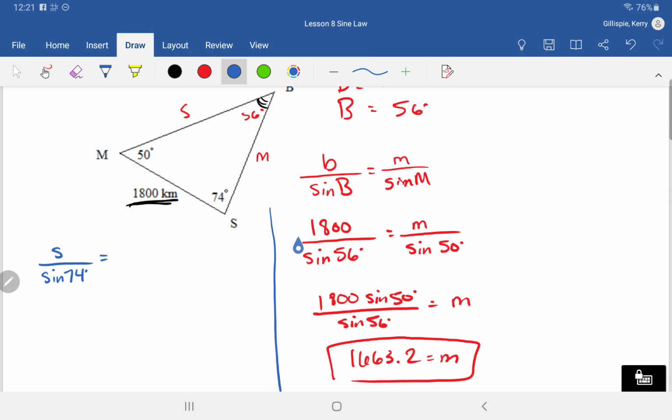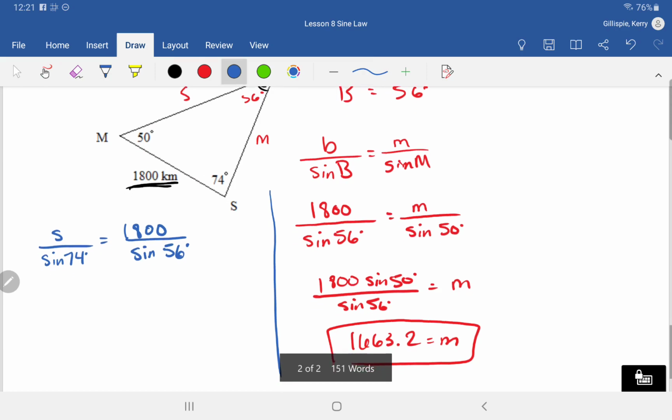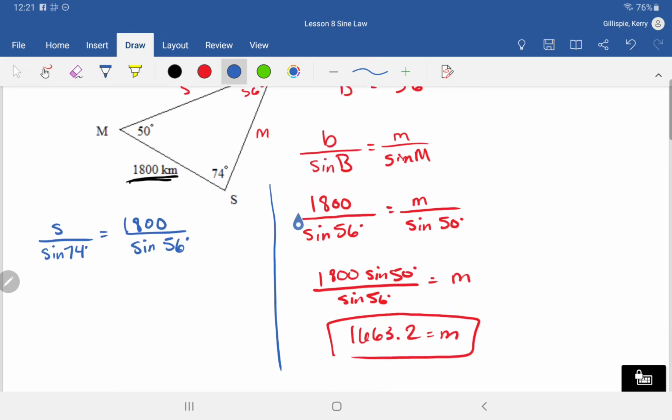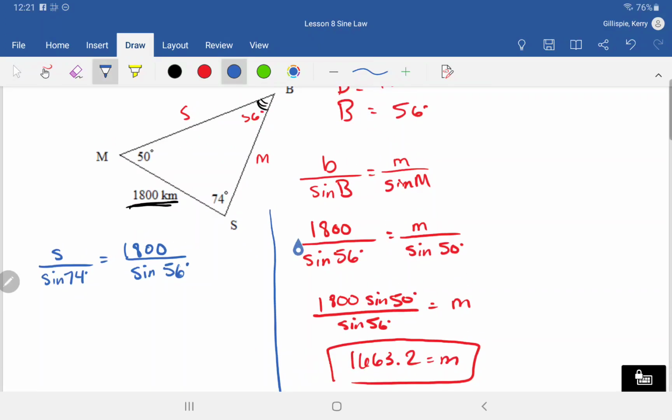And since b was the original one that we knew to begin with, we're going to stick with lowercase b over the sine of capital B. It's always good to stick with the pair you knew from the beginning, because just in case you made some sort of mistake on the other question, you don't want to use that 1663 if you don't have to. Okay, so we're sticking with the 1,800 over the sine of 56.